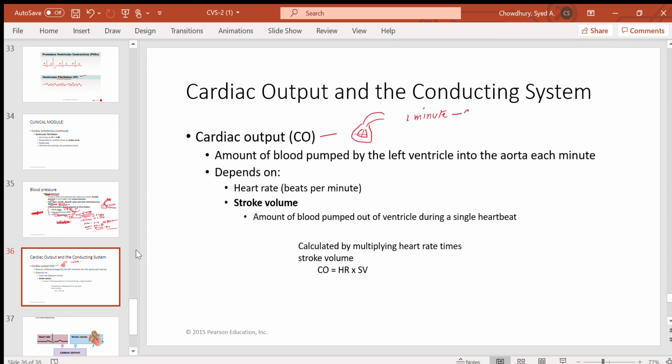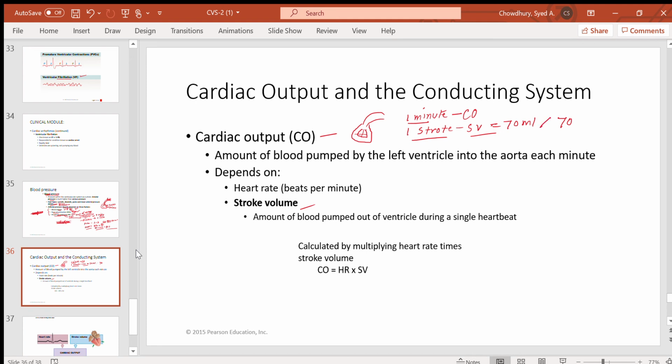So 1 minute is cardiac output, and one stroke or one beat is called the stroke volume. Makes sense? So in one beat, if 70 milliliter blood gets out, and in 1 minute you have, for example, 70 beats or strokes.